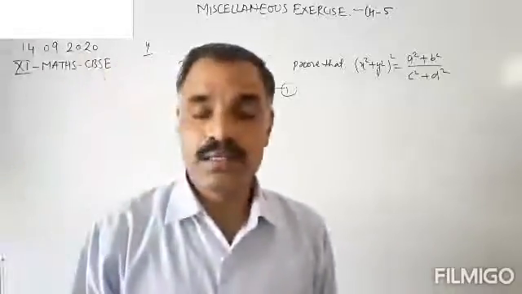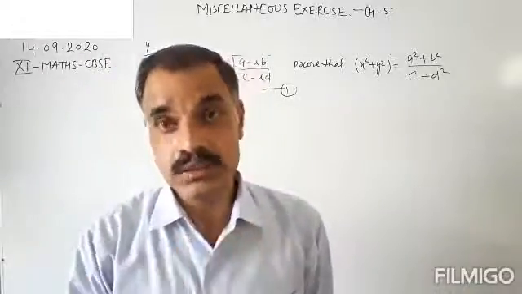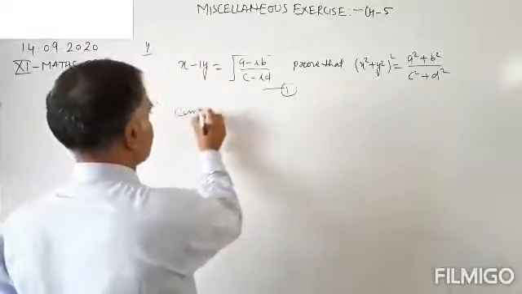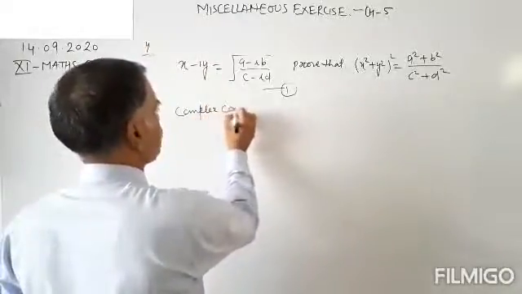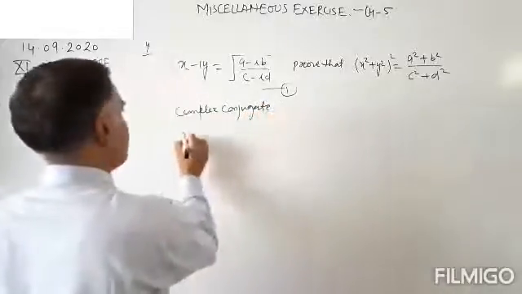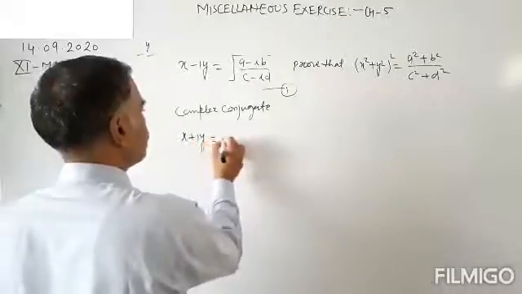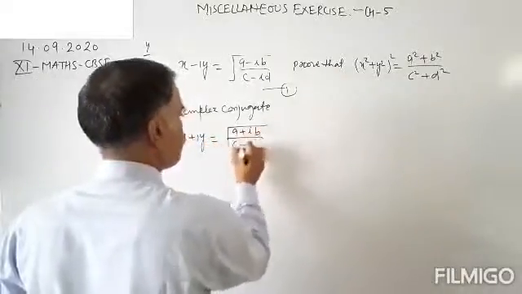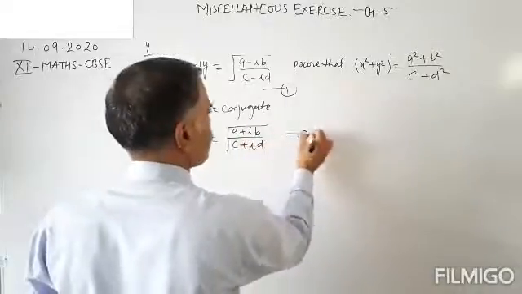Write down the complex conjugate of equation number first. So the complex conjugate, that is x plus iota y, is equals to under root of (a plus iota b) upon (c plus iota d). Equation number second.